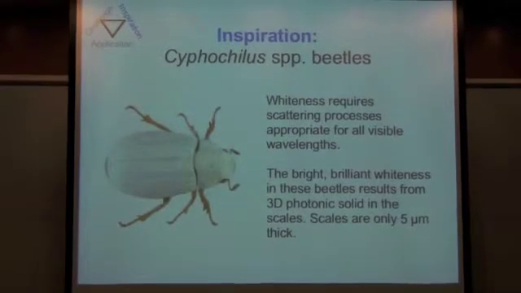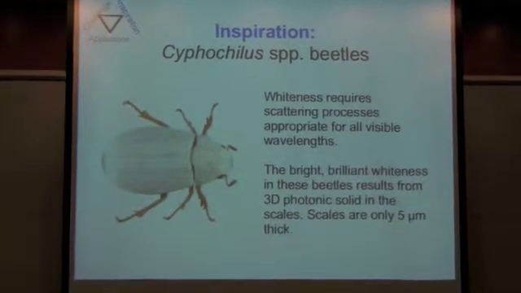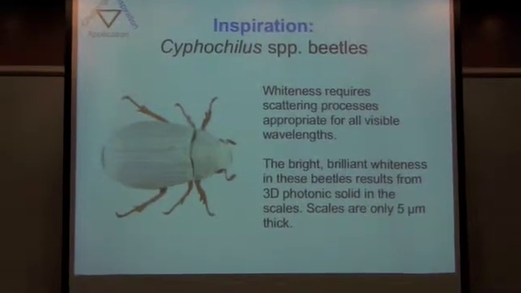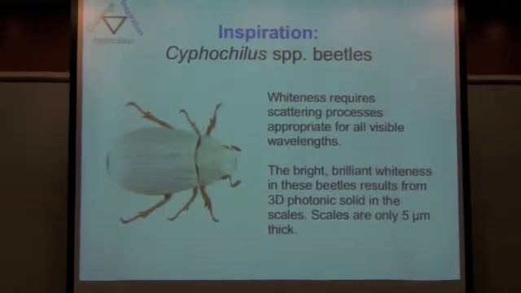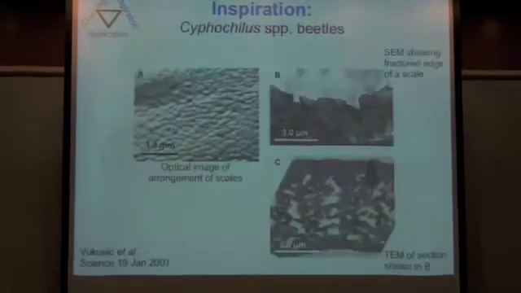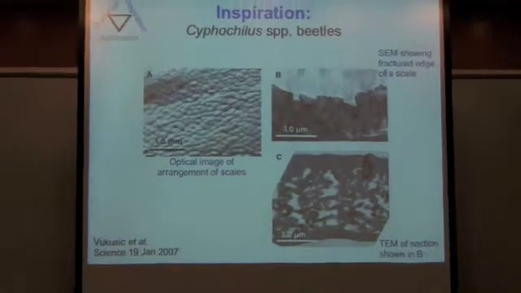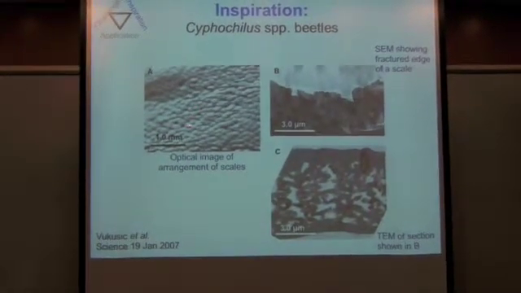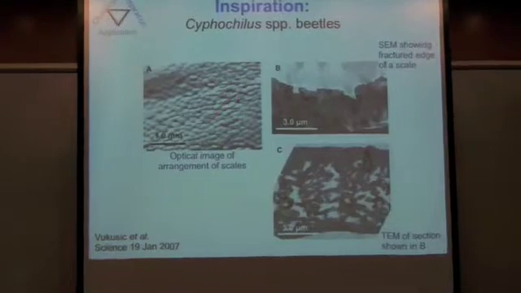And this white is actually far whiter than we can make, for instance, our Xerox paper. And also 5 microns, we can never get it that thin. Here you see all these little scales that are on the back of a beetle.